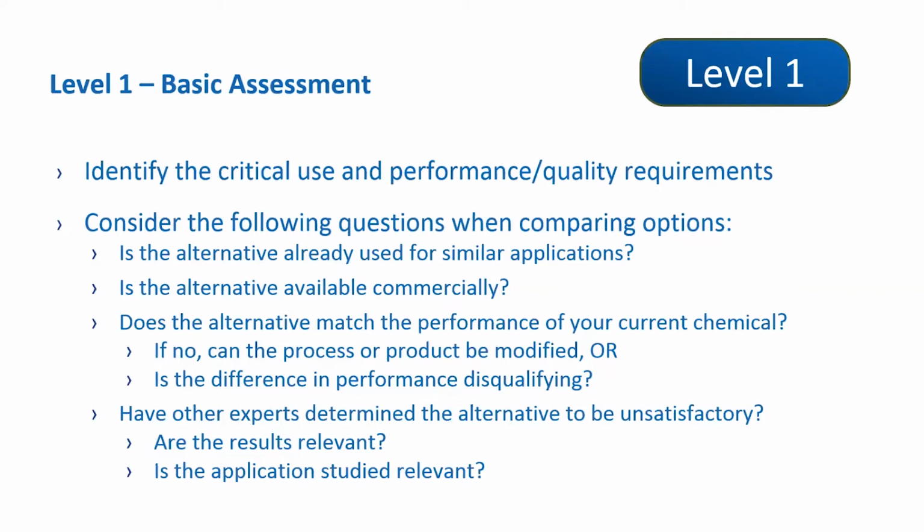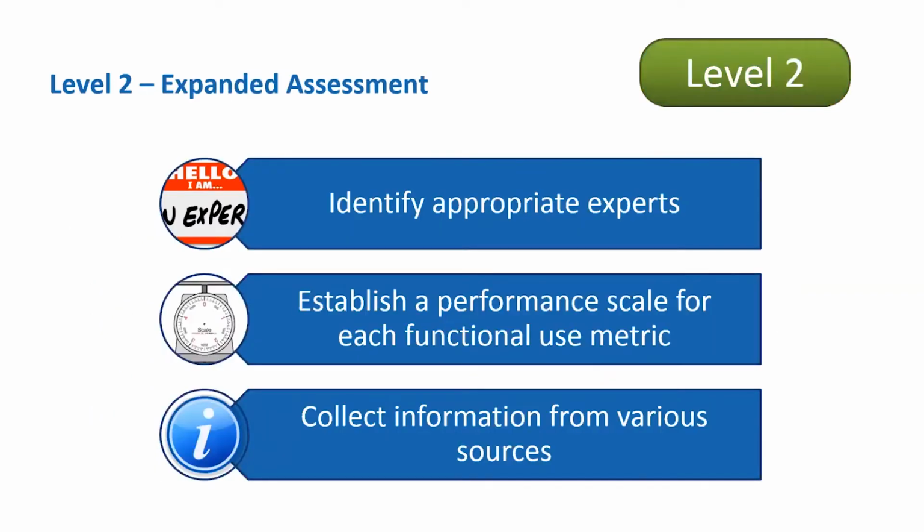How relevant are their results? Is their application or use of the alternative identical to your use of the substance of concern? Depending on what your level 1 assessment was able to reveal, perhaps that's enough for your needs. If not, you will want to pursue a level 2 expanded assessment.